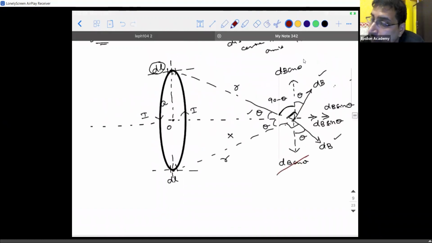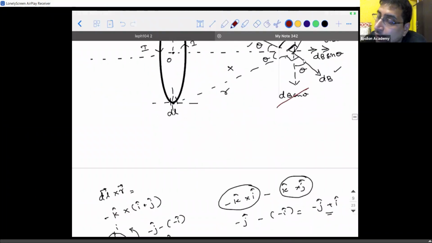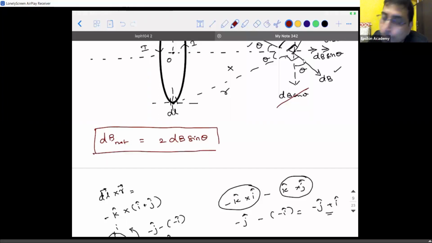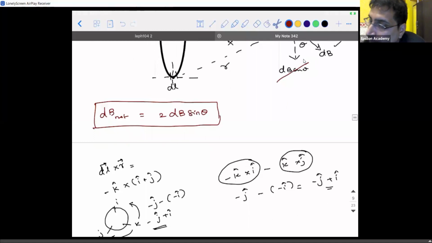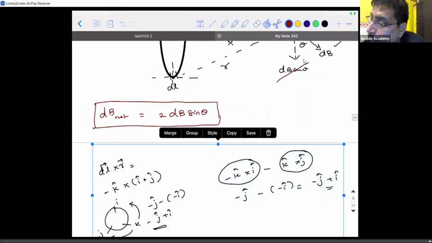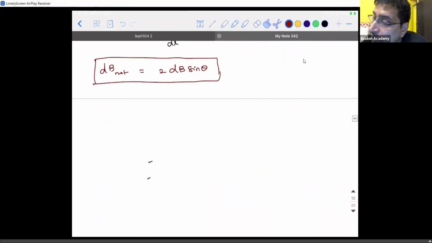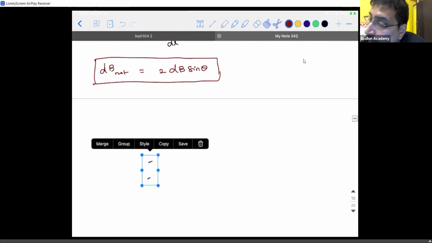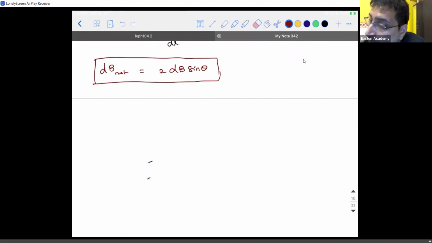Yes, dB cos theta is getting eliminated. So can I write that the net magnetic field is nothing but 2 times dB sin theta, guys? This is our work to find. If you find this, then the next step is only integration. I told you already, the method of integration I've already taught you. But the only challenge here is finding what that value of dB is by applying the Biot-Savart. So let's proceed. It's a simple thing.